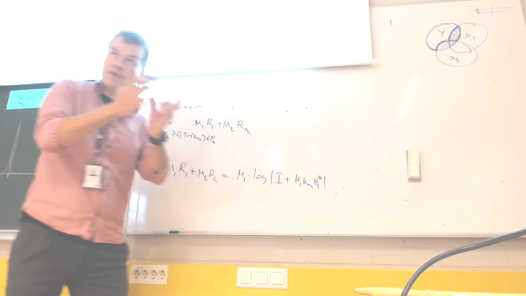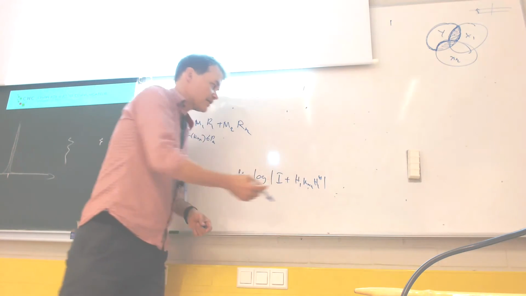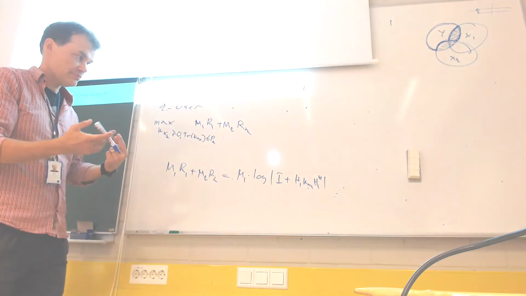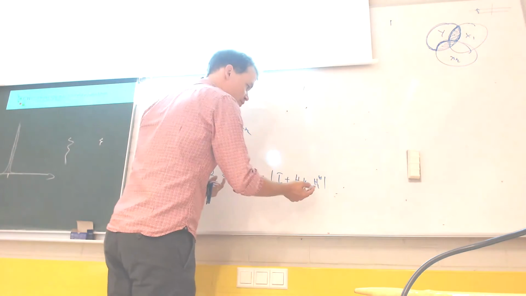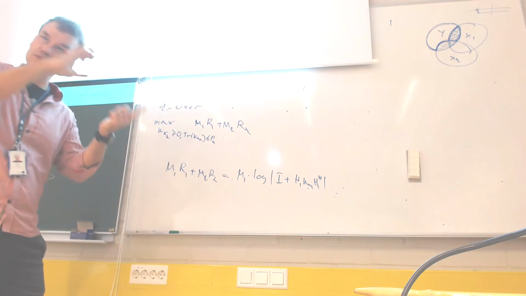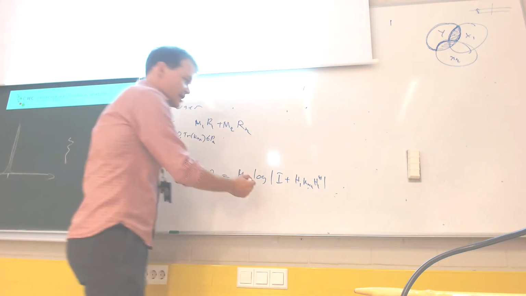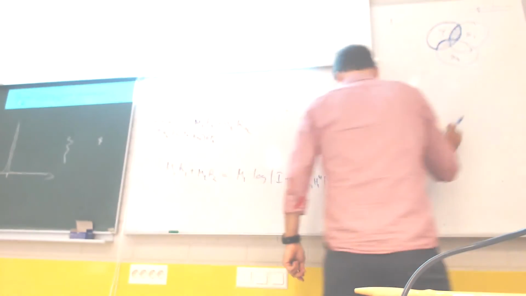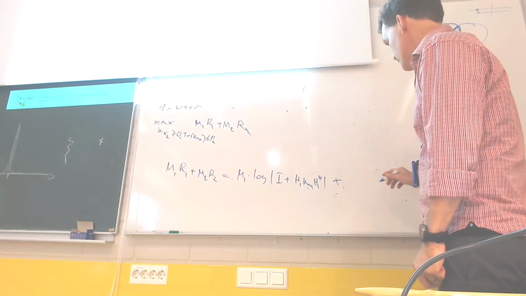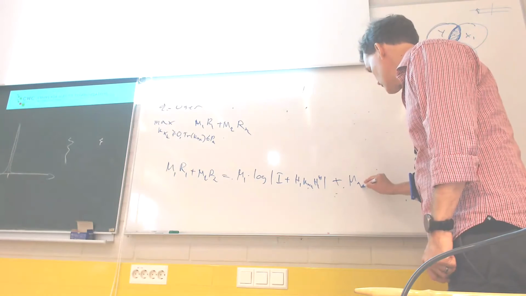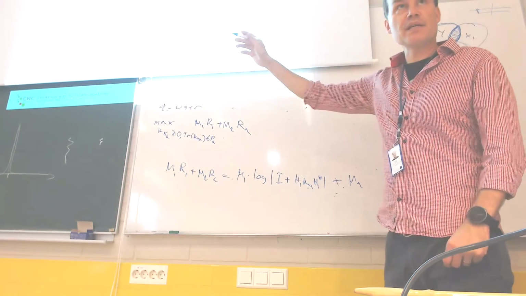Now the covariance matrix can still be anything, but because user 1 is decoded last, it means that user 2 has to be decoded first. No interference, so this would be the single user capacity for user 1.